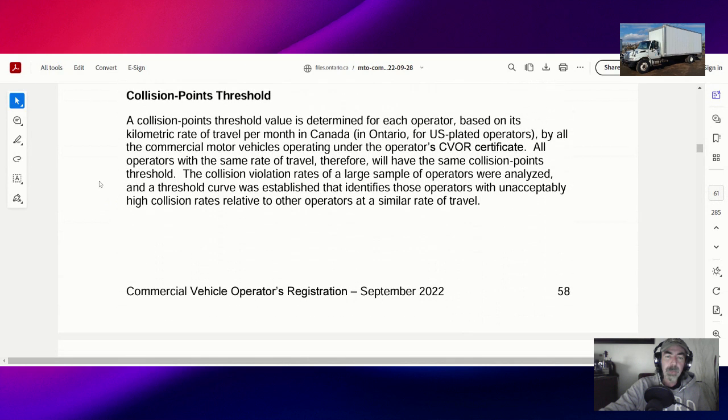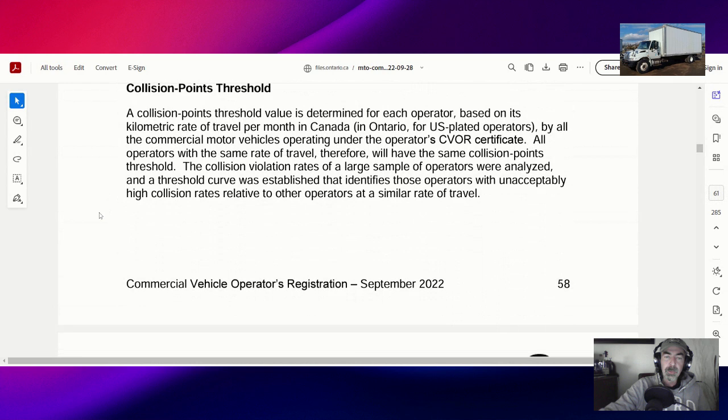Collision points threshold. A collision points threshold value is determined for each operator based on its kilometric rate of travel per month in Canada, in Ontario for US plated operators, by all the commercial motor vehicles operating under the operator's CVOR certificate.